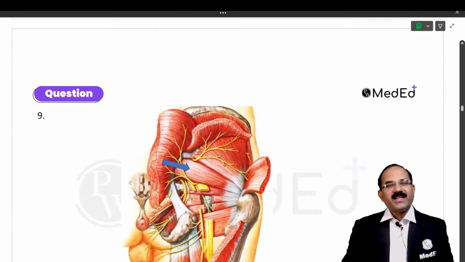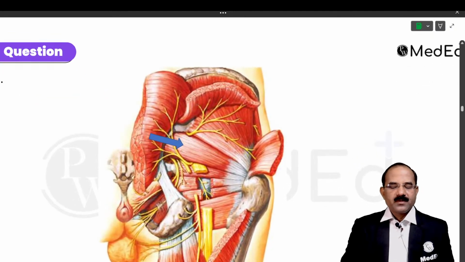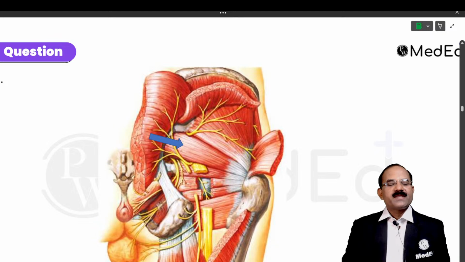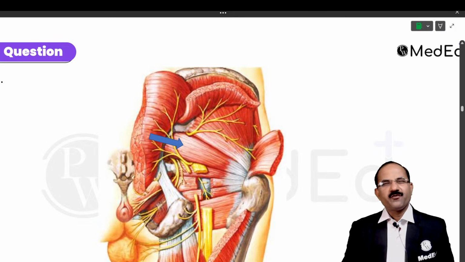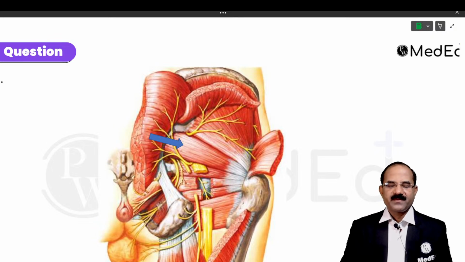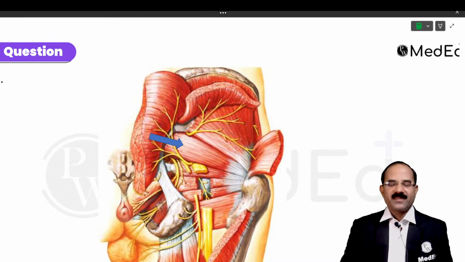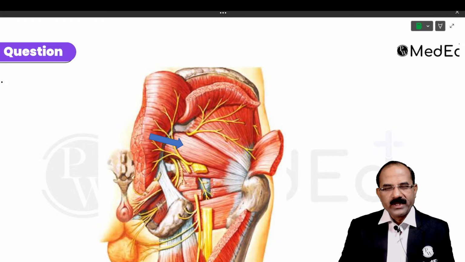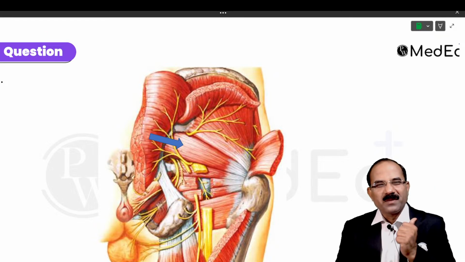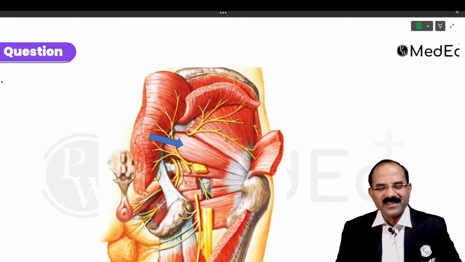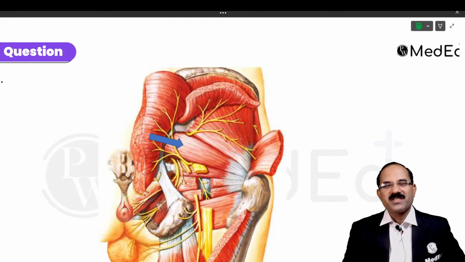Okay, children, can you identify this muscle? This is a very important visual slide, children. Come on students, can you answer this MCQ? Identify the pointed structure. Someone had written the name of this while answering an MCQ.